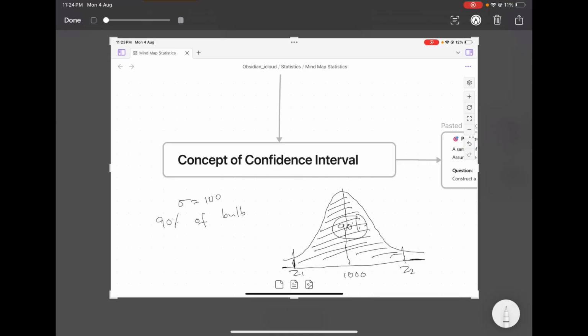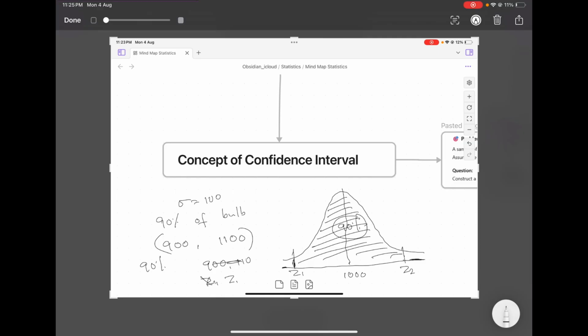It can be, for example, 900 and 1100. So we can find that. How to build the confidence interval? With 90% confidence, you can say that the light bulbs will have a life between X1 and X2.